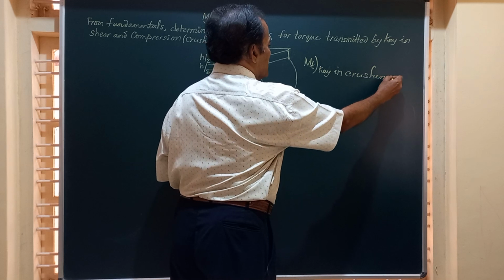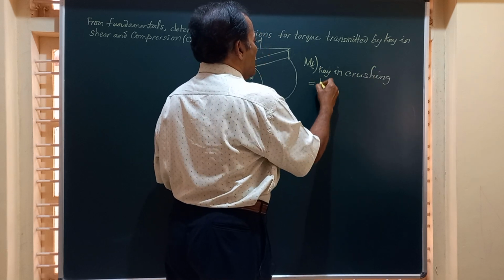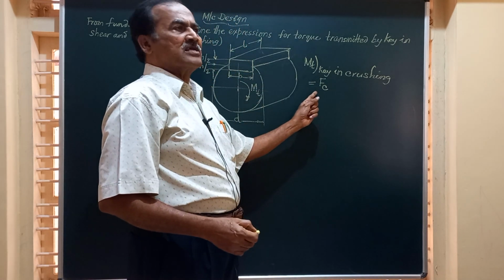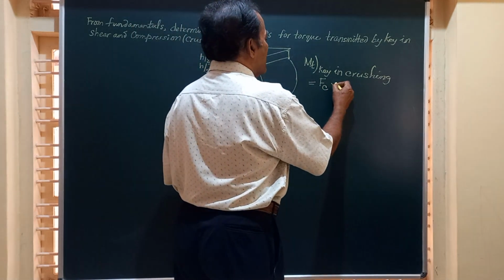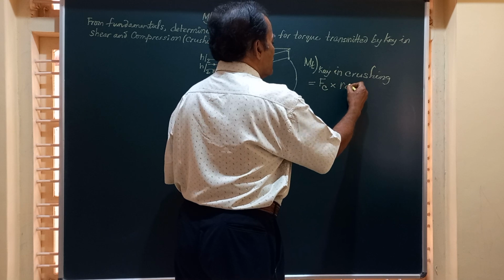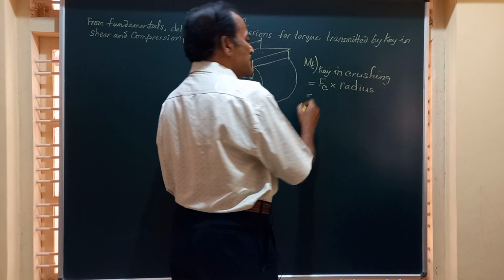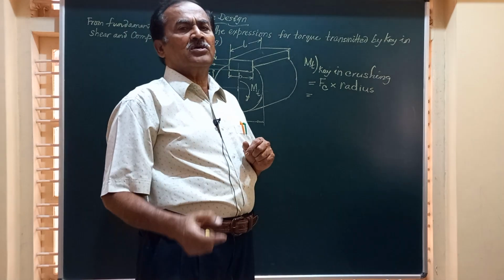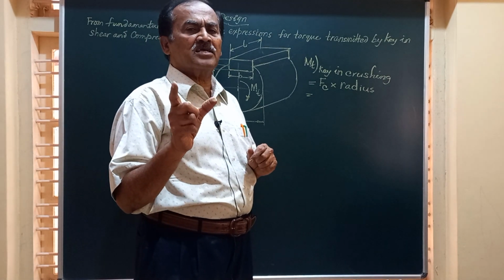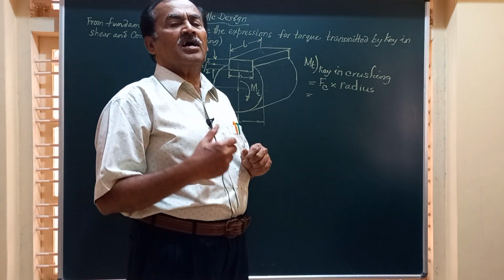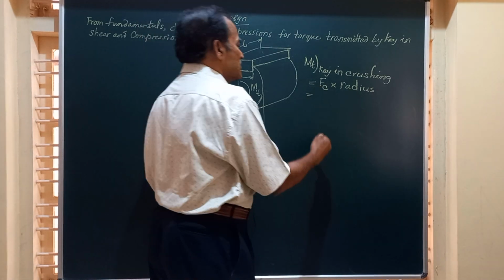The equation for torque is Fc, the load under crushing, multiplied by the radius of this shaft. So Fc is the crushing load. If you know the area under crushing, and you multiply that by the crushing stress or the compressive strength, you get this value.